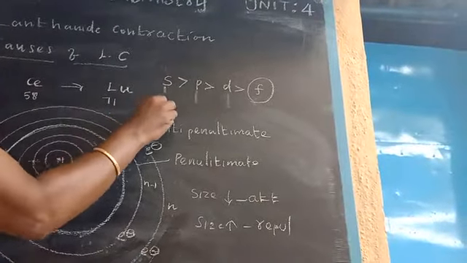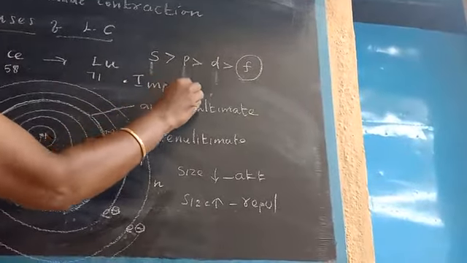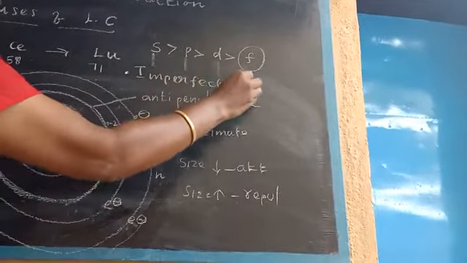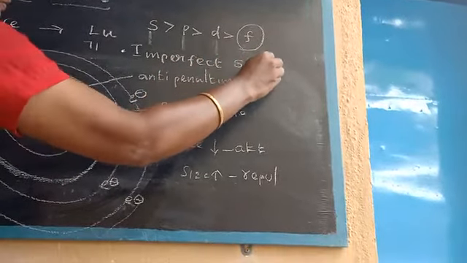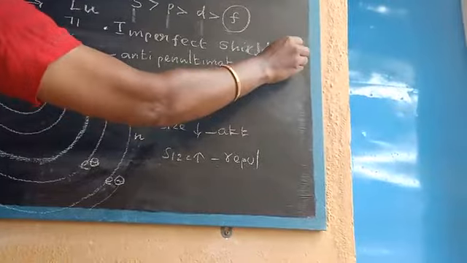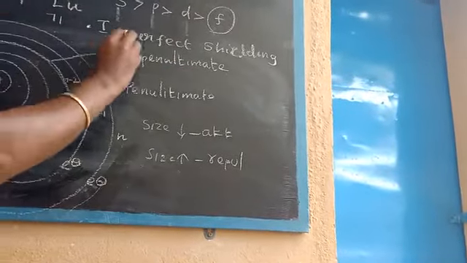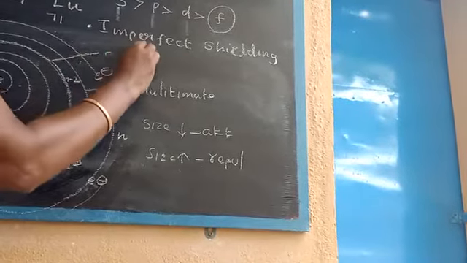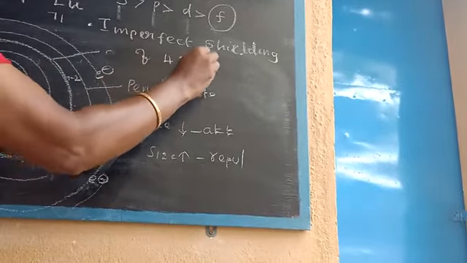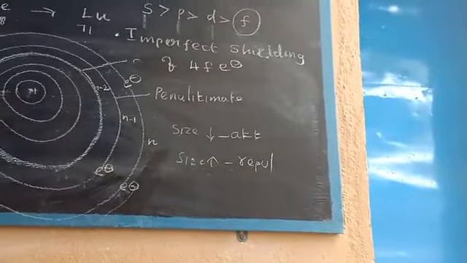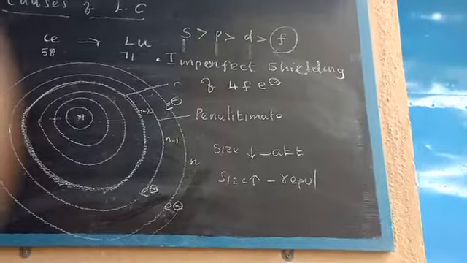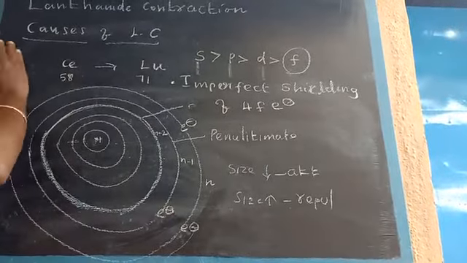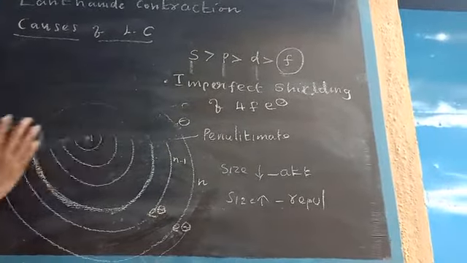Imperfect shielding of 4f electrons. Okay, children, so this is the reason. Now the next topic we study is the consequences of lanthanide contraction.